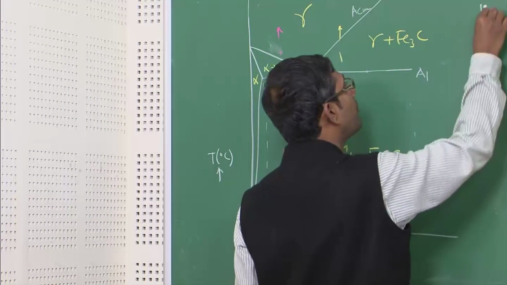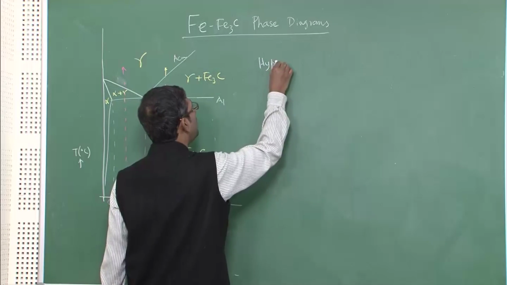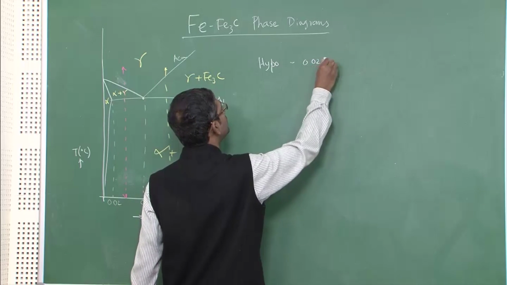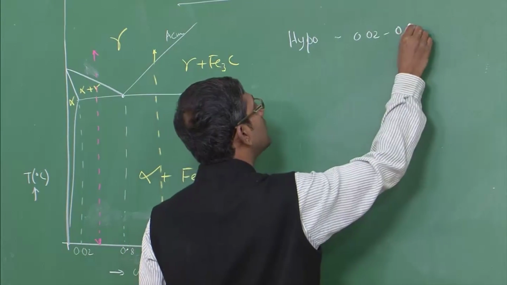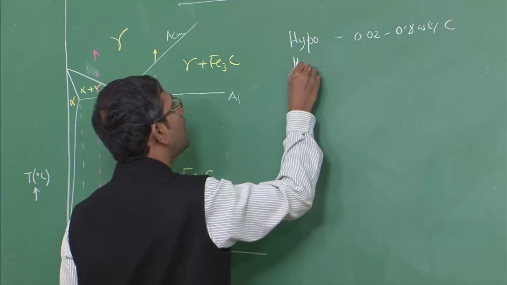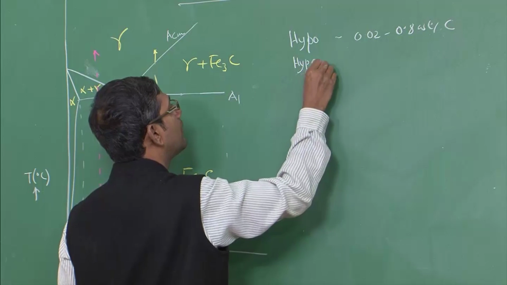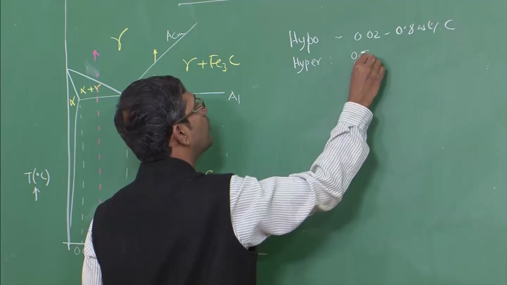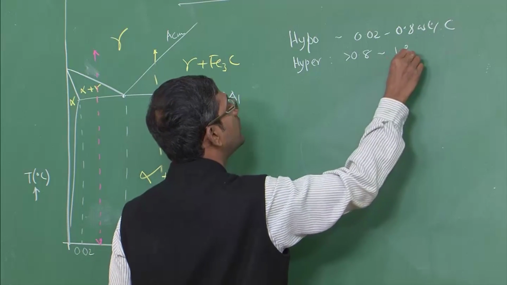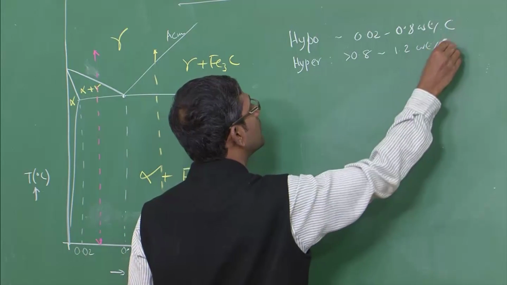So hypo means hypo-eutectoid, and the range is 0.02 to 0.8 weight percent carbon steel, and hyper is more than 0.8 to 1.2 weight percent carbon.